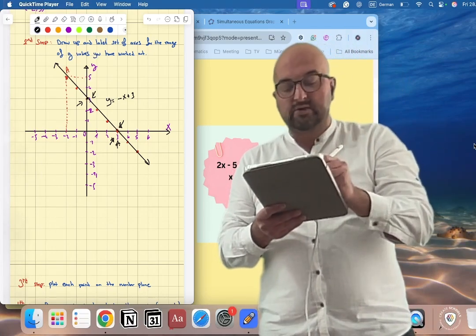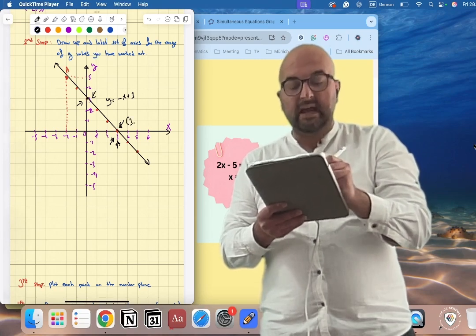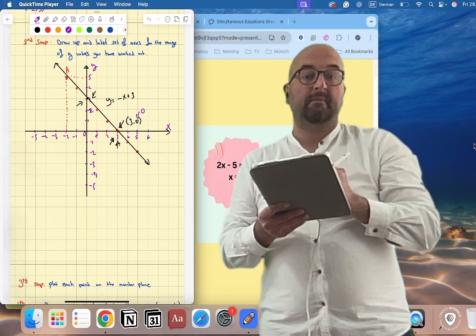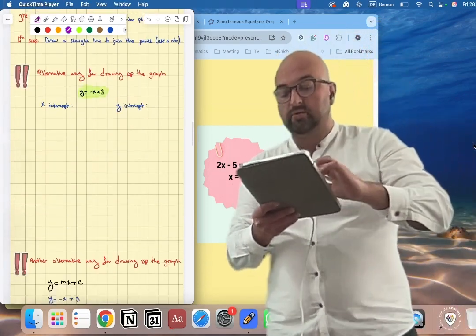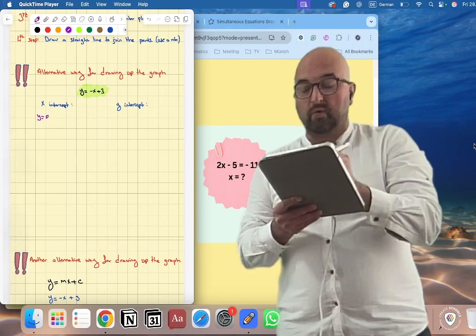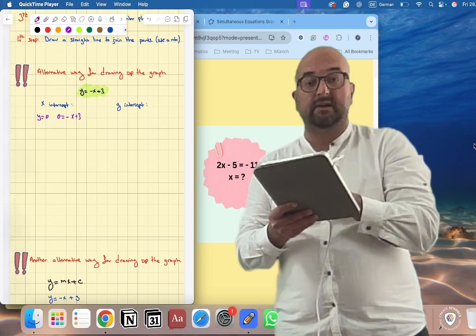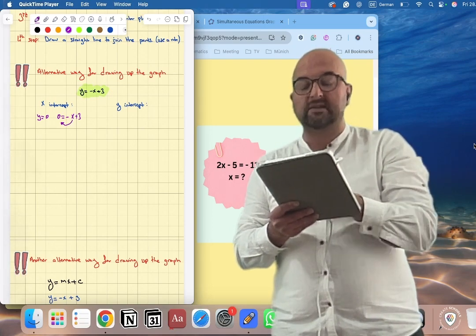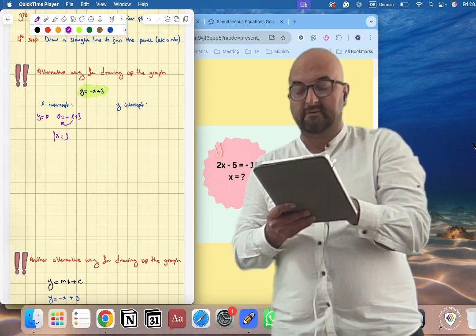As you see, for the x-intercept, the point is (3, 0). It means the y value is 0. So if you are looking for the x-intercept, you need to write 0 replacing y. So y equals 0, 0 equals -x plus 3, and moving -x to the other side would be positive x, so x equals 3.